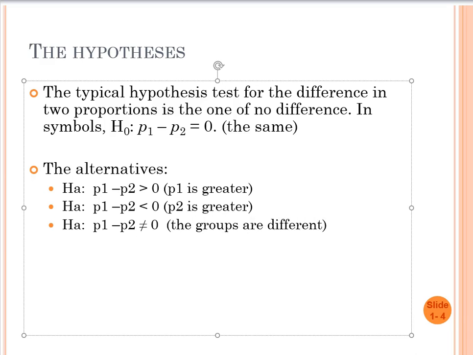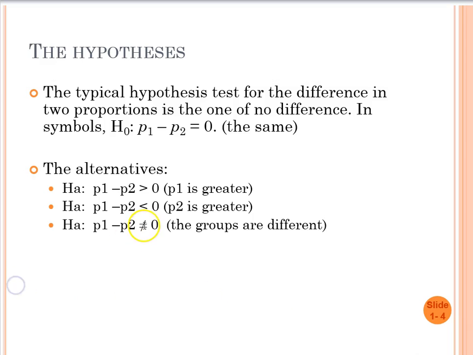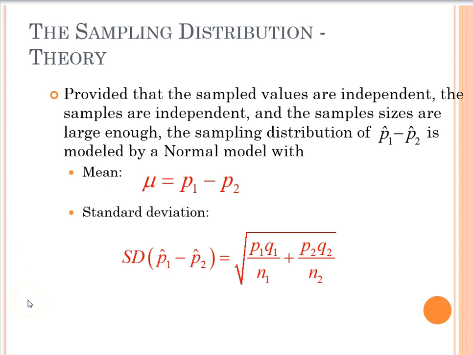It's not saying which group is greater. It's not putting direction on this, which is why it's a two-tailed test. It's just saying that the two groups are different. We can't say that they are the same. So that's how you set up the null and alternative hypothesis. It's based on the wording of the question and which group you think is greater.